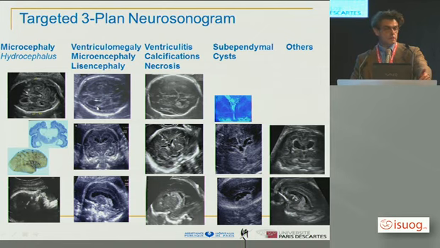Very often the first sign is mild ventricular dilatation, but this brain, if you don't know that the fetus is infected, you could easily go through not noticing that this is a rather small brain for the size of the skull, and that the ventricular rims are slightly echogenic.